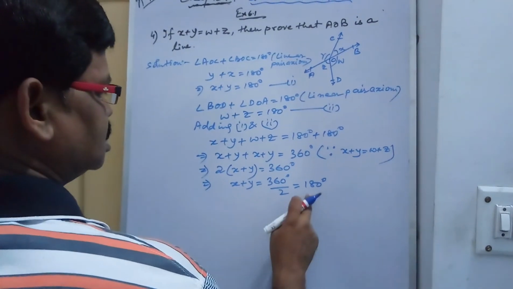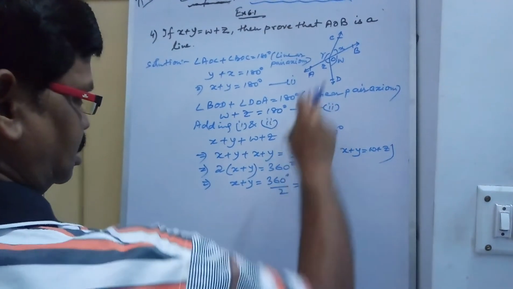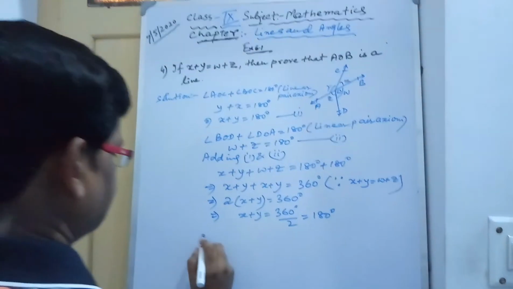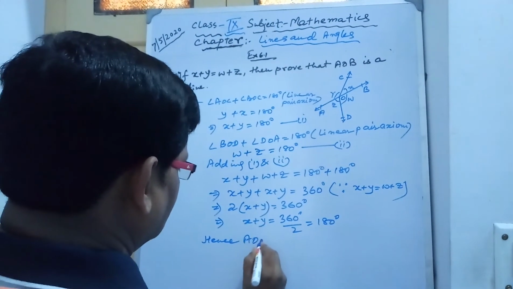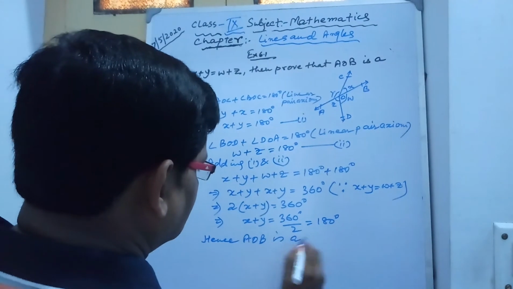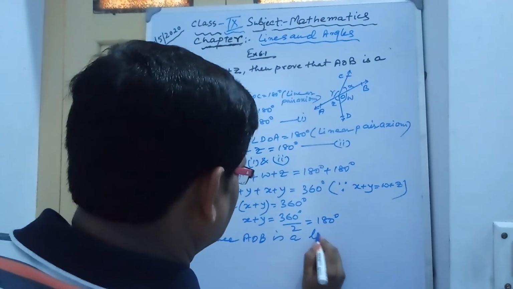Sum of angles is 180 degrees. Therefore, hence AOB is a line.